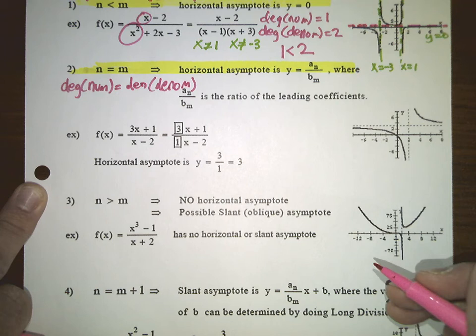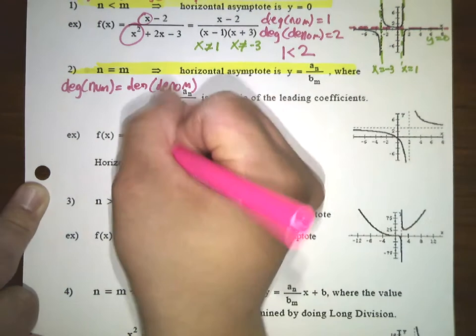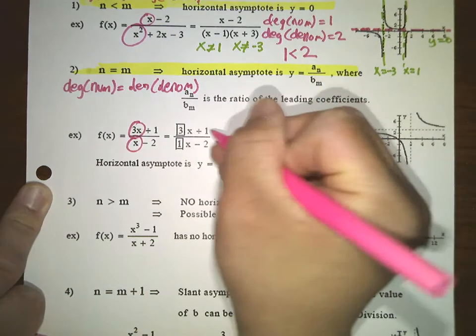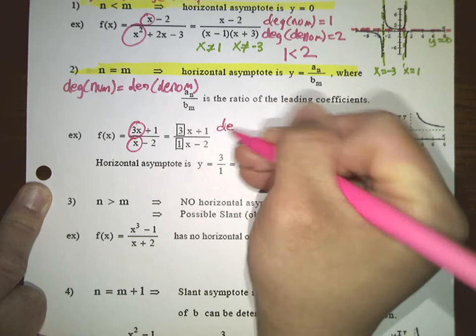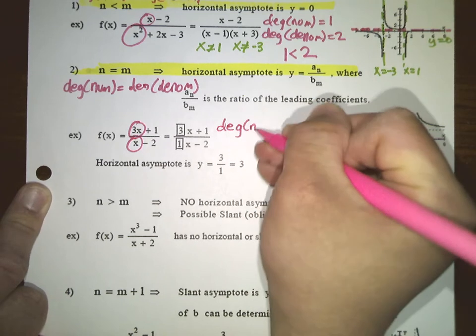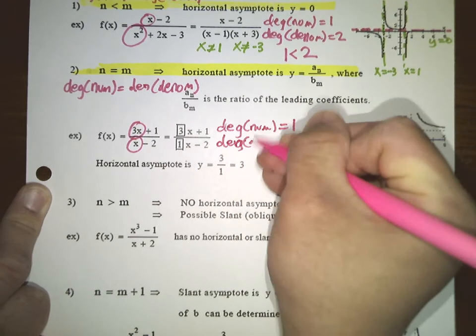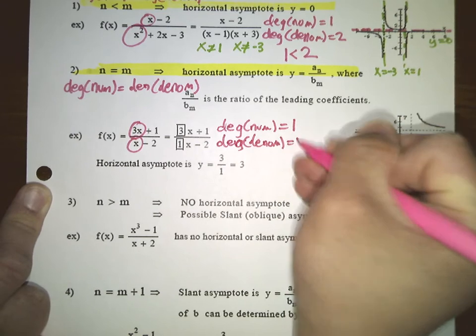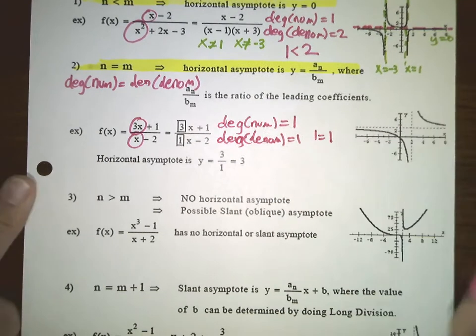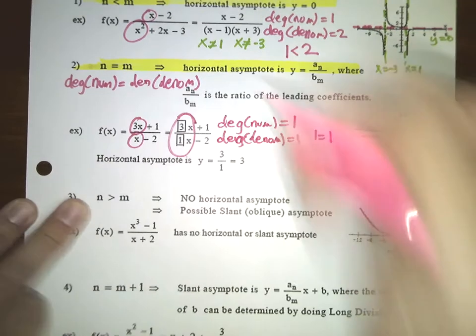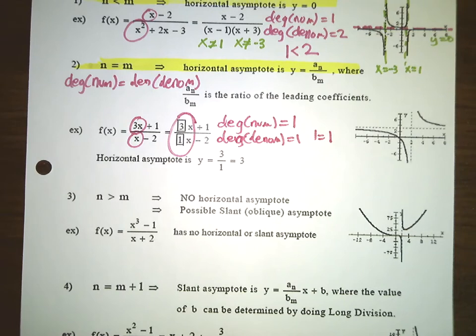All right, so what do I have here? Well, for this example, I have 3x plus 1 over x minus 2, so the degree of the numerator is 1, and the degree of the denominator was 1, so 1 equals 1, so that meant that 3x over 1x was the horizontal asymptote, so you get y is equal to 3.